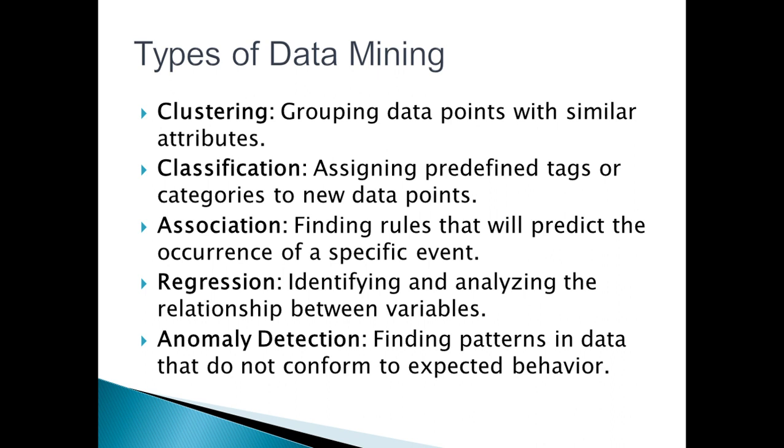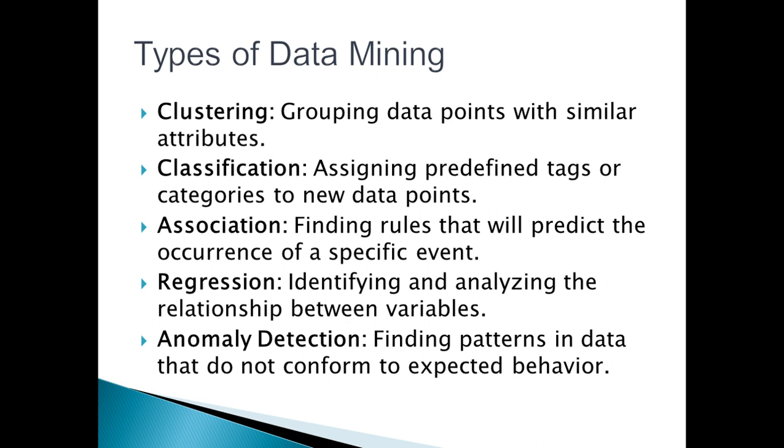So next is the anomaly detection. Anomaly detection is basically finding patterns in data that do not conform to expected behavior. It means that we are not getting the results which we expected, and that we call anomaly detection.